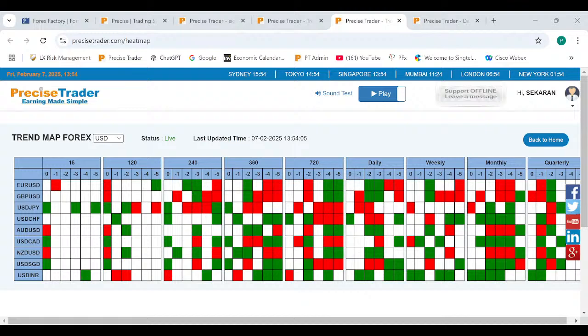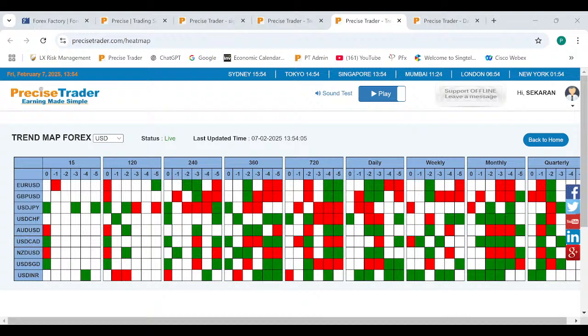Let me give you this example. Like you see dollar yen, your 15-minute zero is highlighted. That means this strength would be for another 5 minutes, because right now your time is 1:55, so we have another 5 more minutes for this trend to continue.